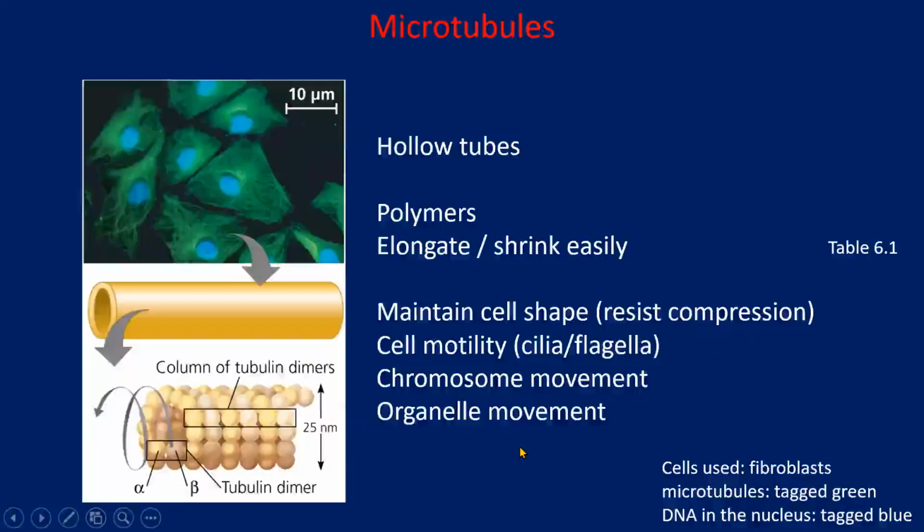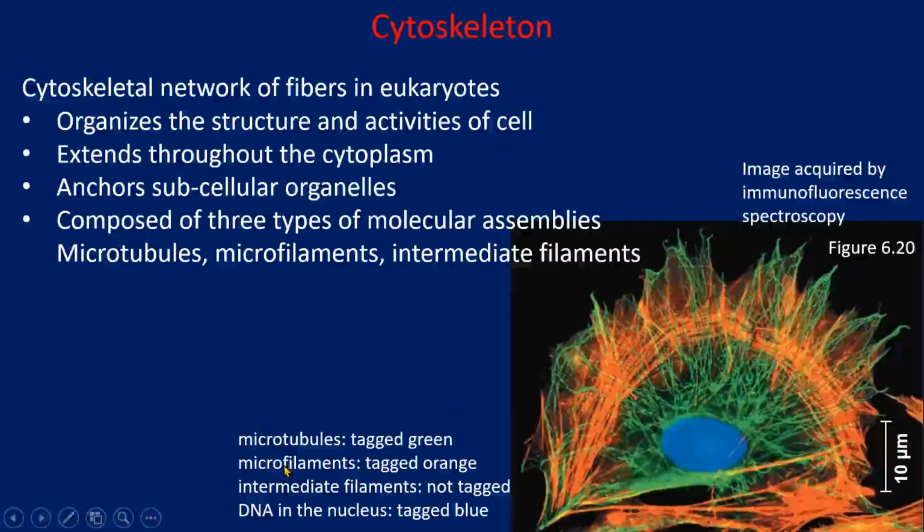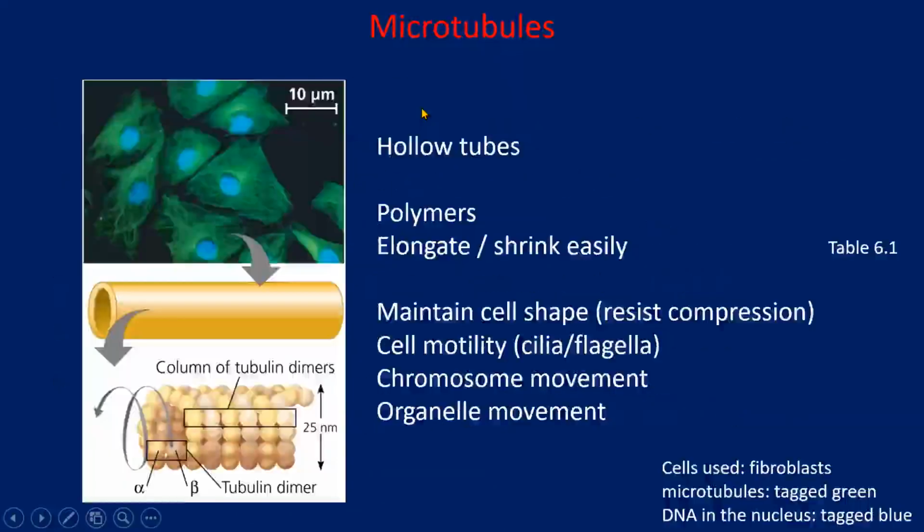So when you think about this cytoskeleton, we have already said that there are three main types. First is the microtubule. You can say it's a tubular structure, and inside it is hollow. In this particular figure, what you see is a fibroblast, and this basically has a kind of cylindrical structure.